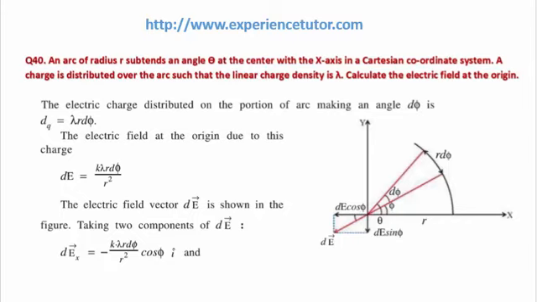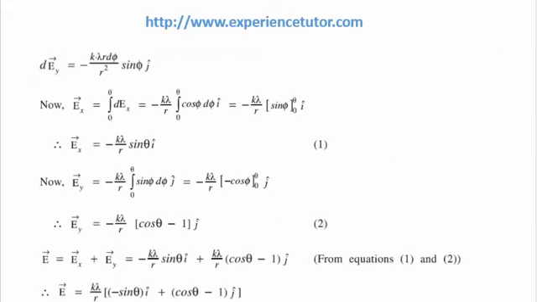The electric field vector dE is shown in the figure. Taking two components of dE: dEx = k lambda r d phi/r² cos phi i, and dEy = k lambda r d phi/r² sin phi j. This whole expression has a minus sign.